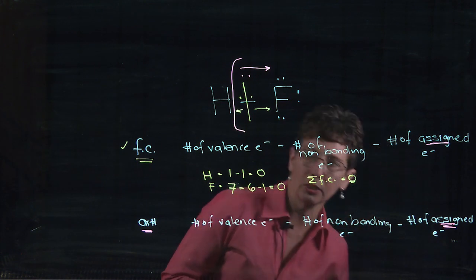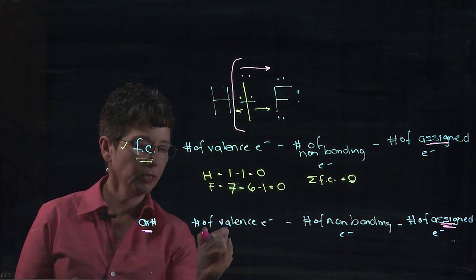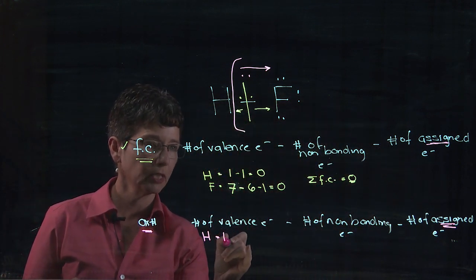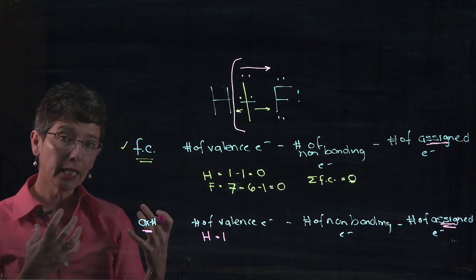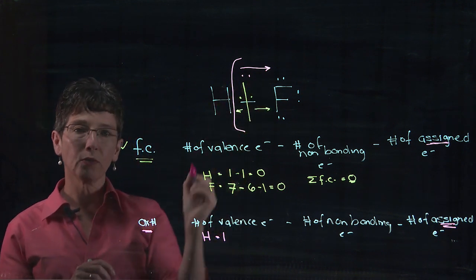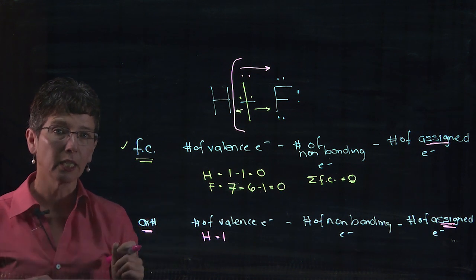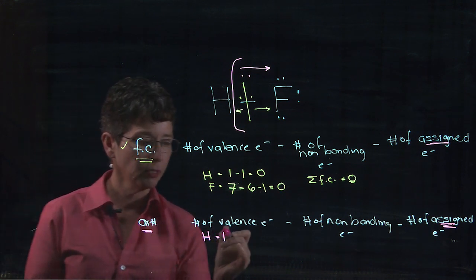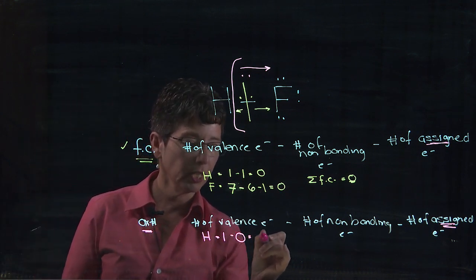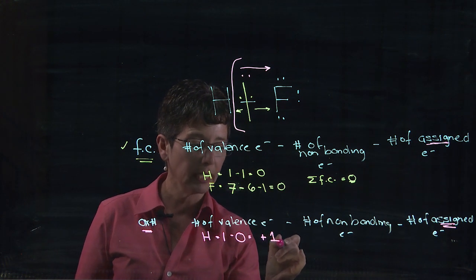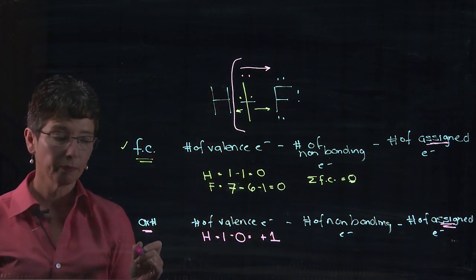Oxidation numbers are just a little different. So now hydrogen has 1 valence electron, but it gets assigned no electrons. Remember, both of those electrons get assigned to the more electronegative element. So hydrogen has an oxidation number of +1.